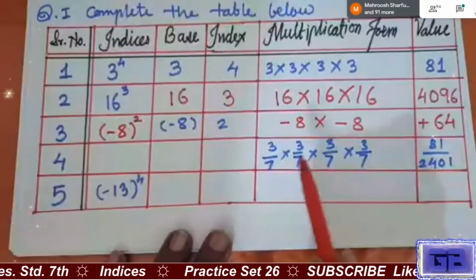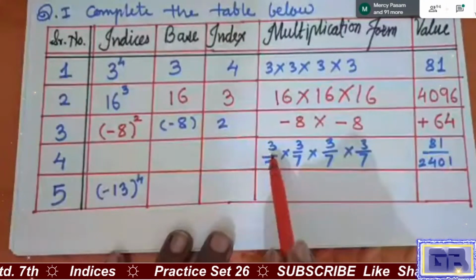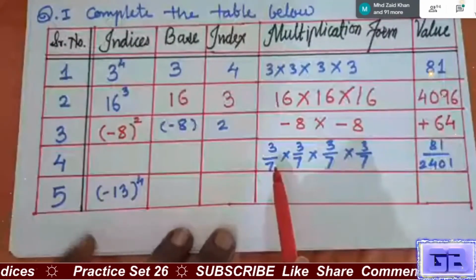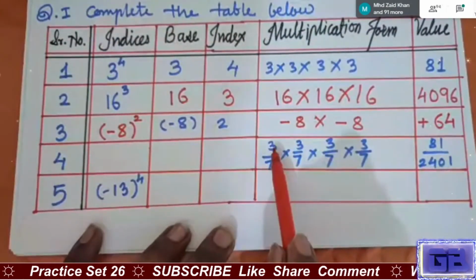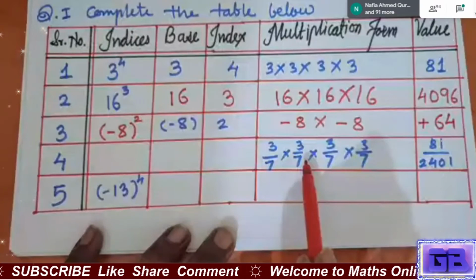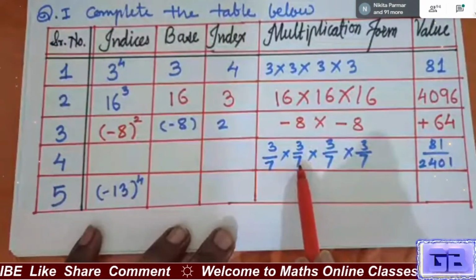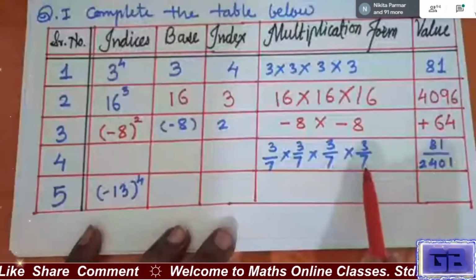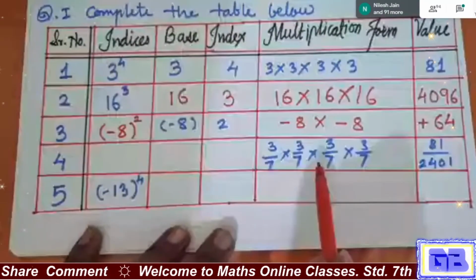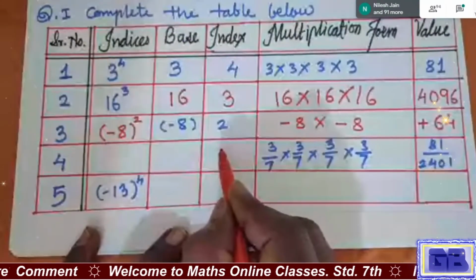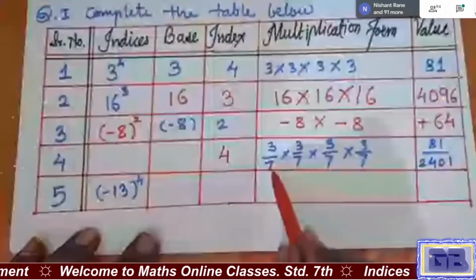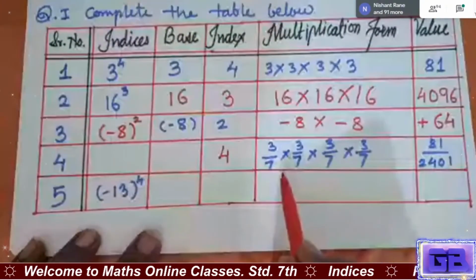And now here fourth one, fractions are given, numerator, denominator. Now see, this 3 by 7 has appeared 4 times. 3 upon 7 into 3 upon 7 into 3 upon 7 into 3 upon 7. It means 4 times. Therefore, index will be 4, and this fraction is itself base.